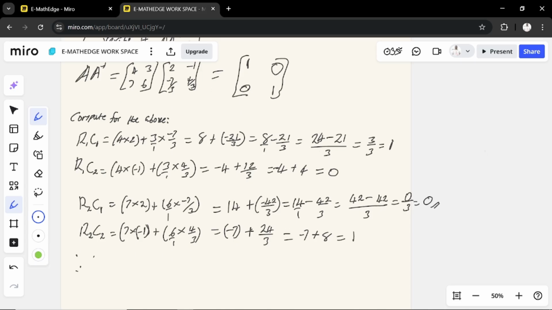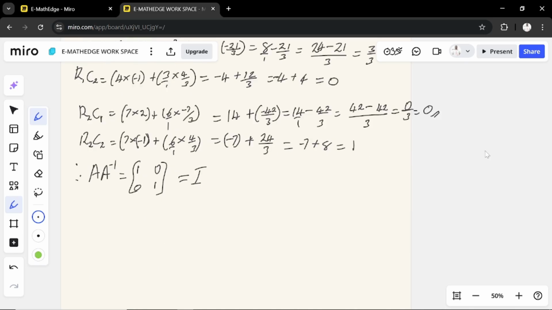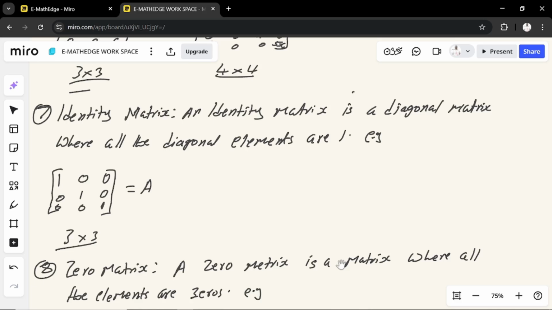Therefore, we can see that the product of A and the inverse of A resulted to this matrix, which is 1, 0, 0, 1. Which in conclusion we can say that this matrix is an identity matrix. Why?